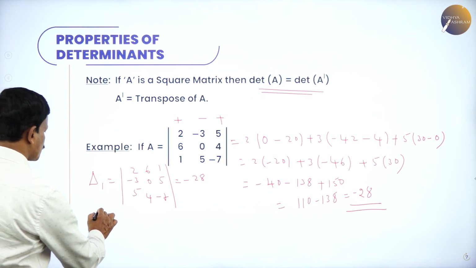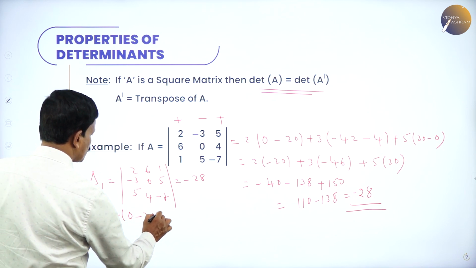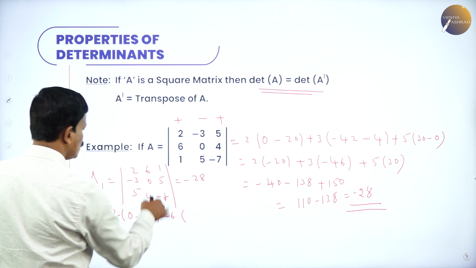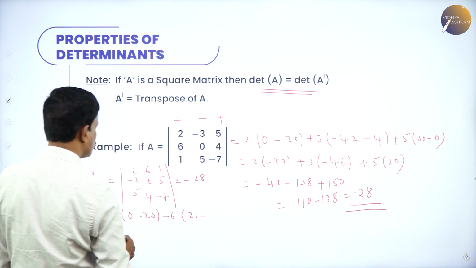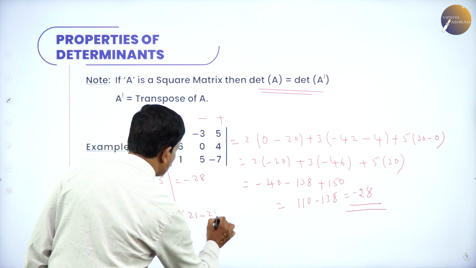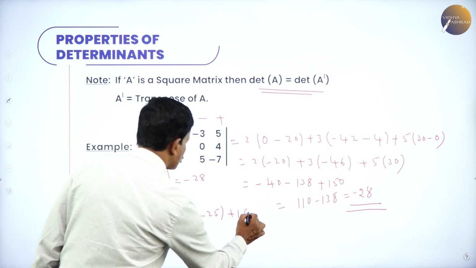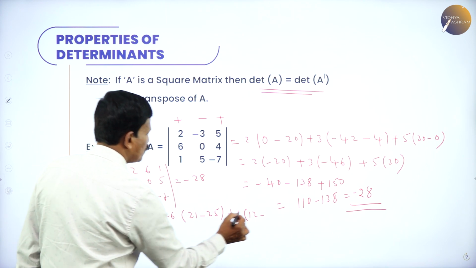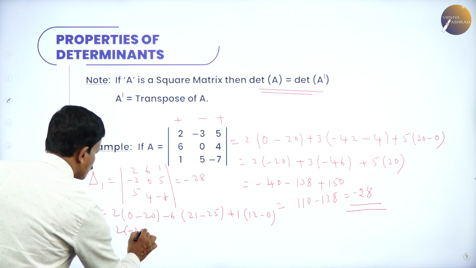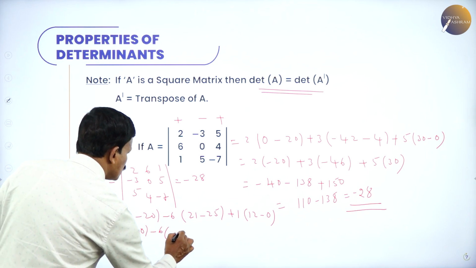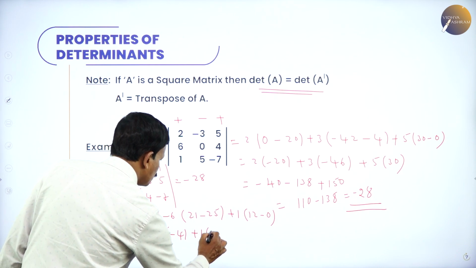Let us verify this. So this is equal to 2 into 0 minus 5 4s are 20, minus 6 into, this is gone, minus into minus plus 7 3s are 21, minus 5 5s are 25, plus 1 into, this is gone, 3 4s are 12, minus 5 into 0 is equal to 0. This is 2 into minus 20, minus 6 into minus 4, plus 1 into 12.